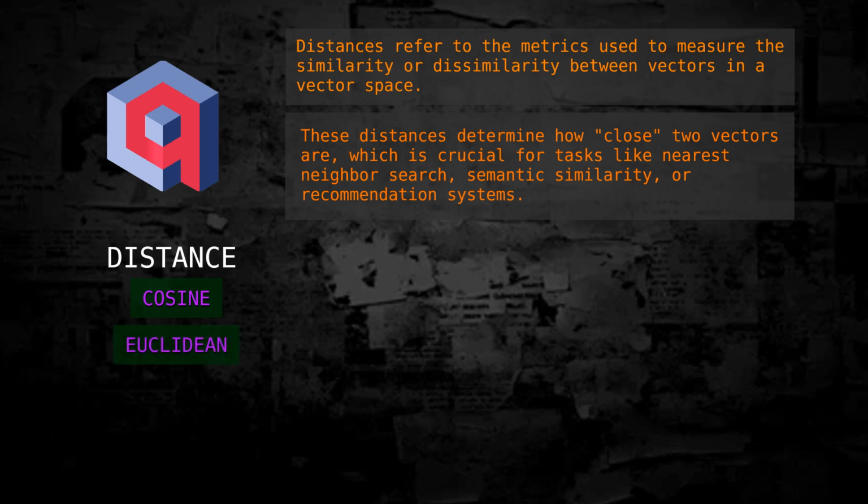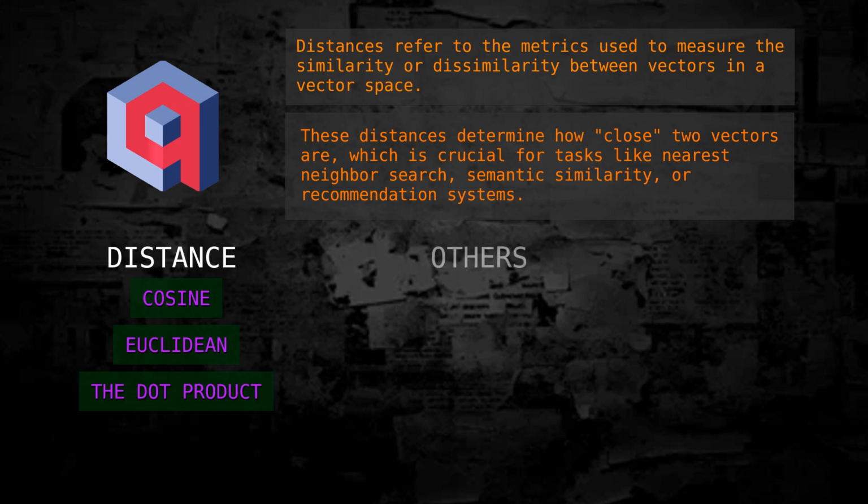Qdrant supports other similarity metrics such as Euclidean distance, which measures the straight-line distance between 2 points in a multidimensional space, reflecting their absolute difference in position. The dot product measures the similarity between two vectors by calculating the sum of the products of their corresponding components, emphasizing both their directions and magnitude.